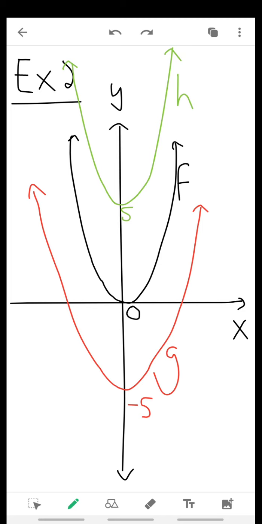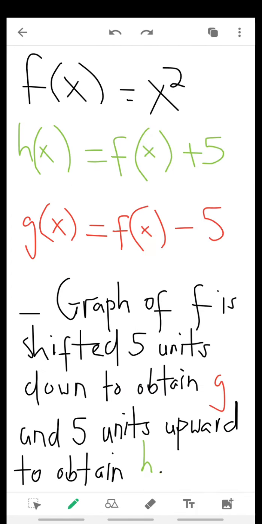Okay, so as I've said, with translations, we can shift the graph to the left, to the right, up or down. Okay, but that is all about the shifting, which we call translation. All right, so quickly, f of x is equals to x squared.